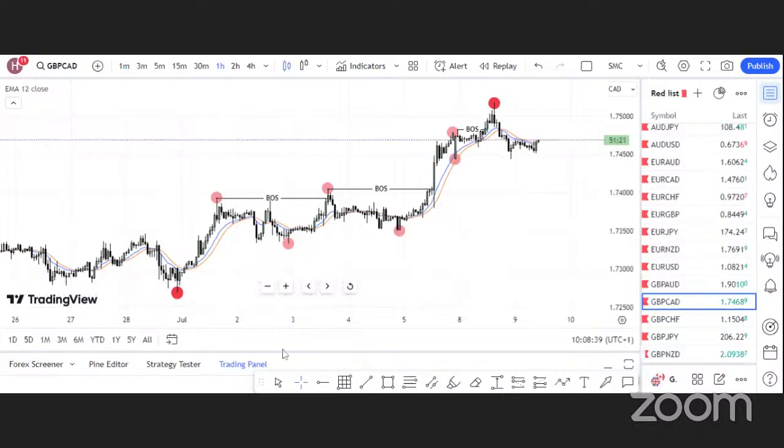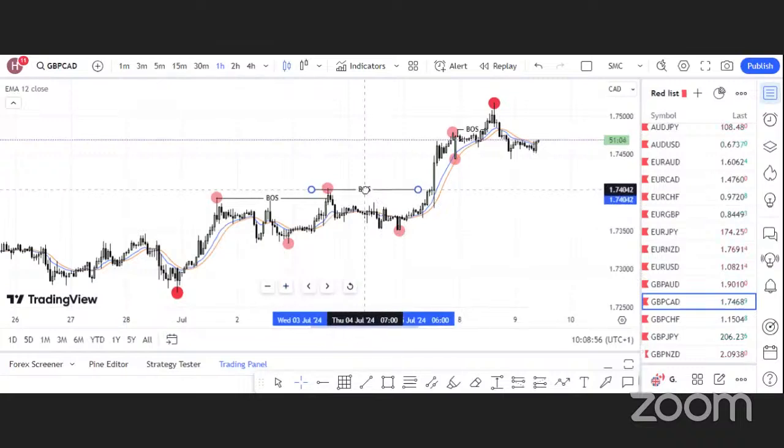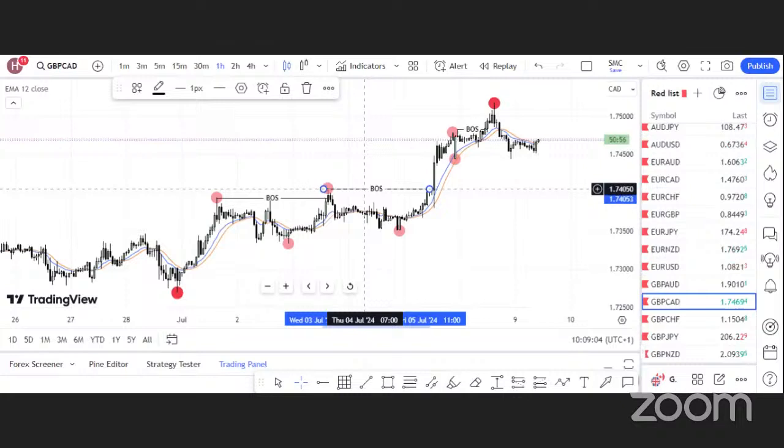All right. So we are done with the breakup structure part of our trend. Yes. So now it is confirmed that the market is going to continue to go up. So the next thing we want to look out for is, let's see if we can have a trend line connecting the dots together.